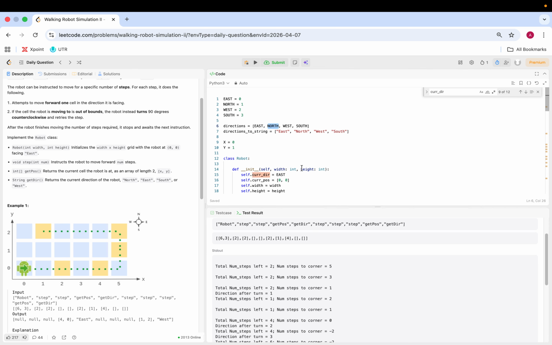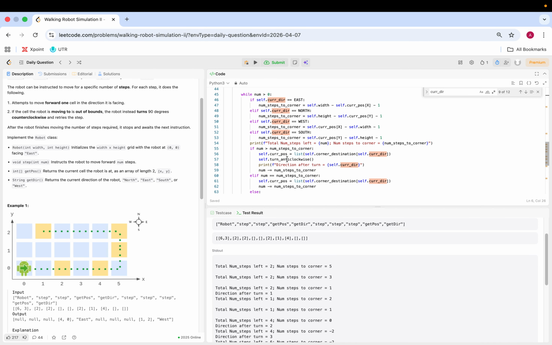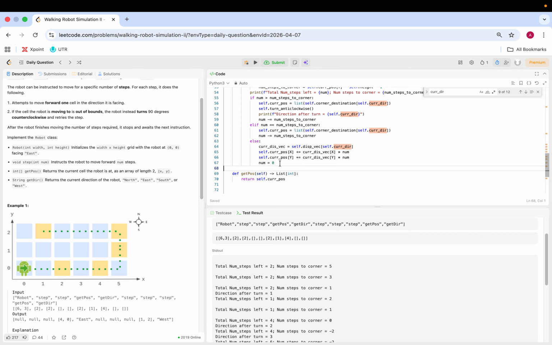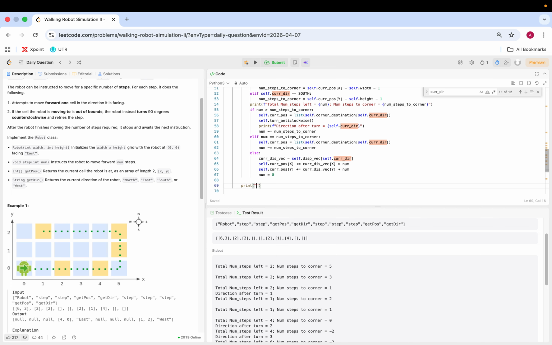Total steps left, steps to the corner is 2. Yeah. I'll say finalized position.